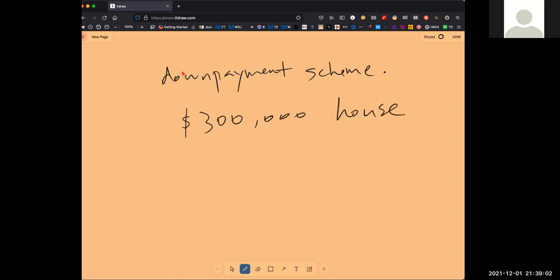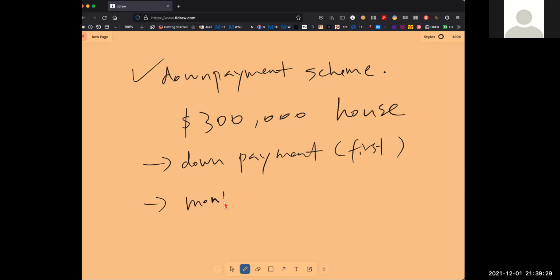So how do you pay this house by this down payment scheme? Just give me an example. You don't have enough money all at once, so you pay a basic amount. Okay, that's called a down payment. The first payment is called a down payment. And then you pay a certain amount with interest every month. Nice. That is called monthly repayment.